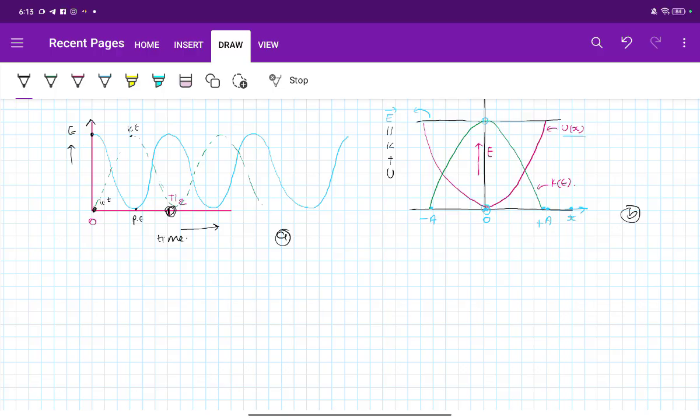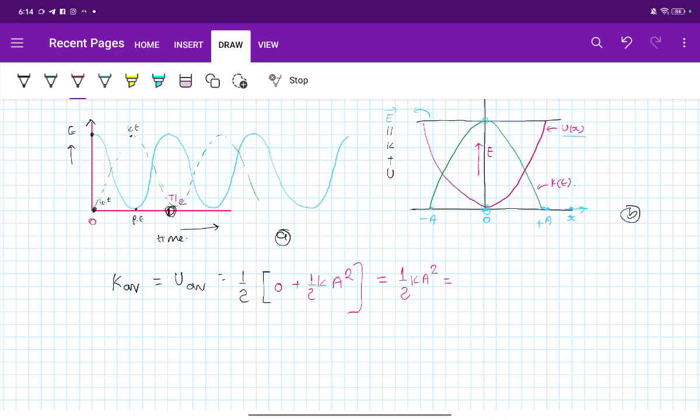So both kinetic and potential energy reach maximum value twice. So average kinetic energy and average potential energy, if you want to write, then it will become 0 plus half kx², which is half kA². So it gives us half kA².